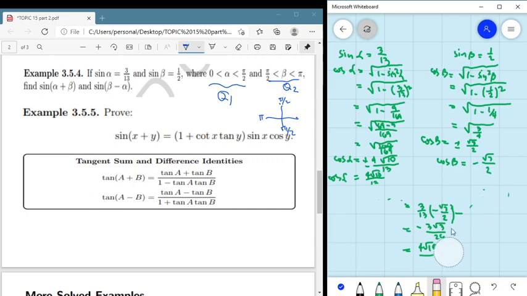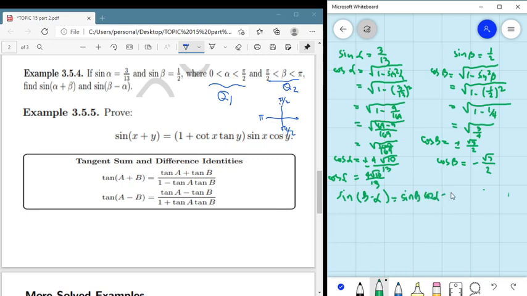Okay, so we have sine beta minus alpha. Alpha minus beta. Okay? We have sine beta cosine alpha, then cosine beta sine alpha, sin, cos, cosine, then minus, minus.